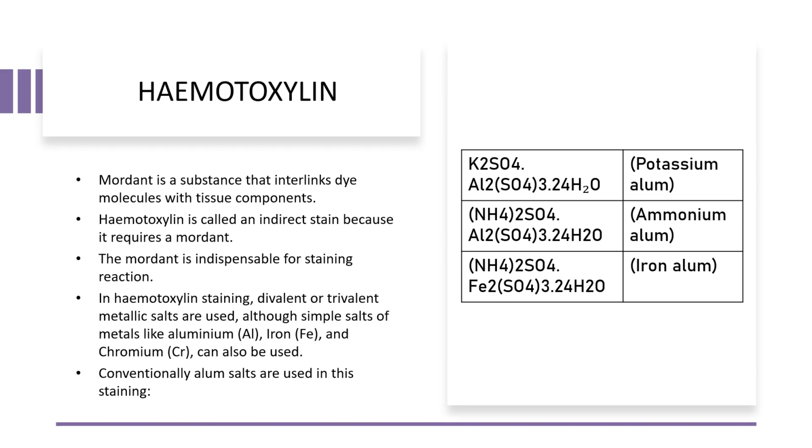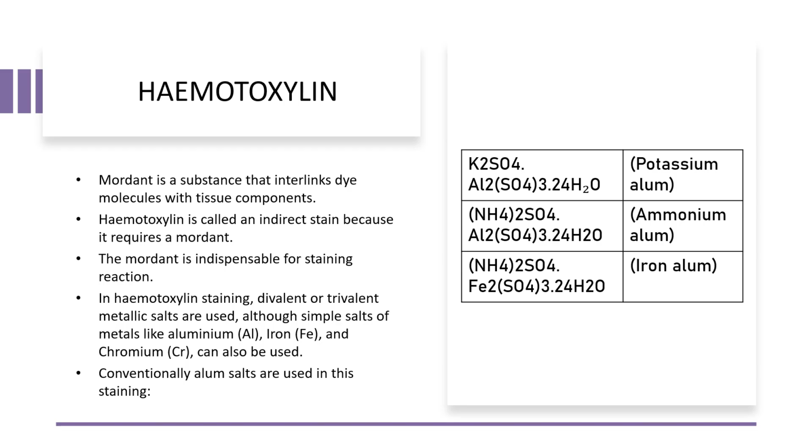As we discussed, hematoxylin is a poor stain and it requires a mordant to bind properly with the tissue. There are different types of mordants that can be used for hematoxylin staining. For example, divalent or trivalent metallic salts are used, although simple salts of metals like aluminium, iron, and chromium can also be used, but conventionally alum salts are used for the staining.